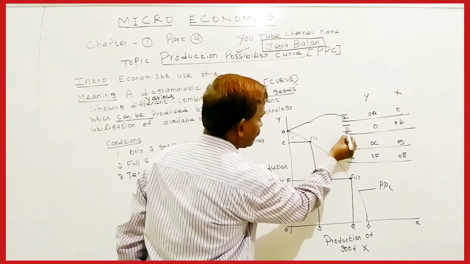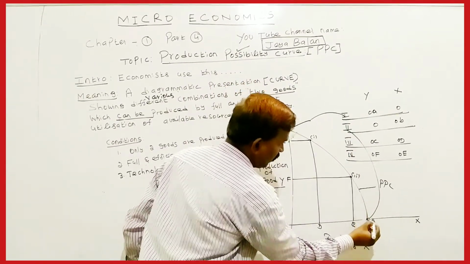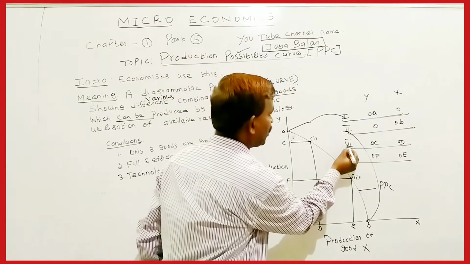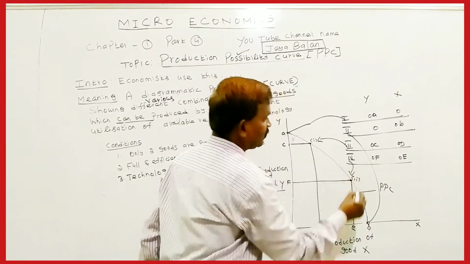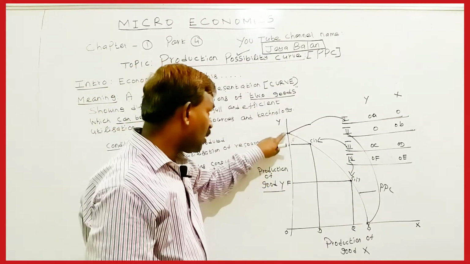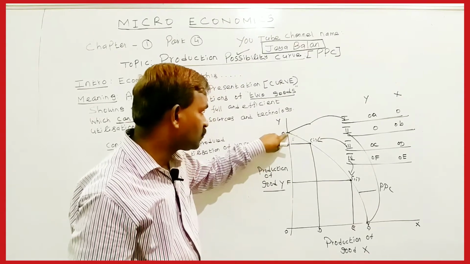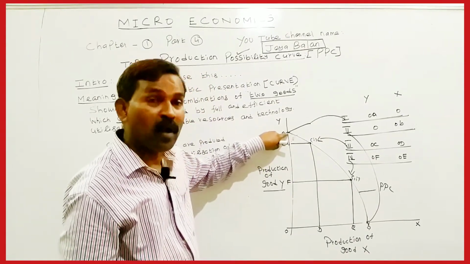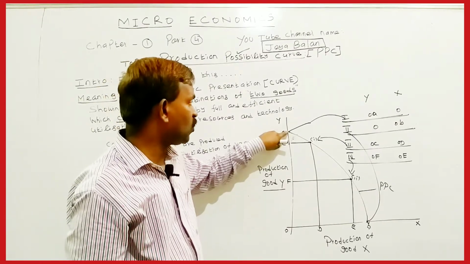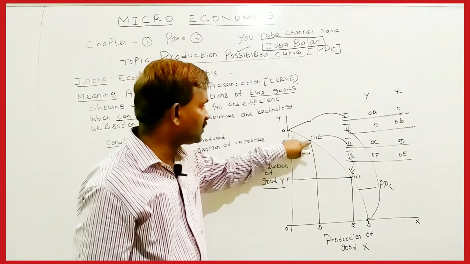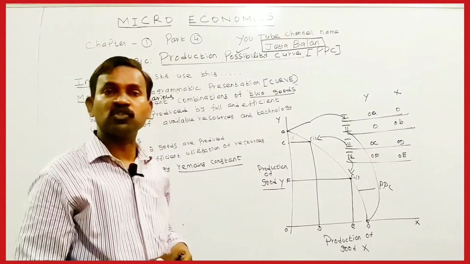So when I plot a point on the y-axis where the PPC starts, this is one combination of two goods. This is another combination, this is another combination, and this is another combination.